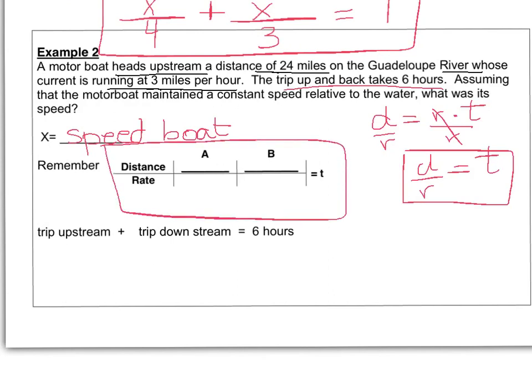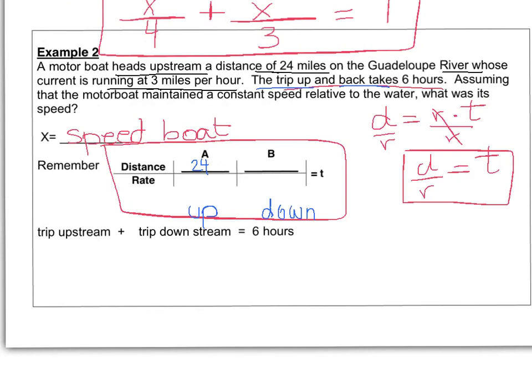Now, the distance: he's going up and then back. So we're going to assume that A is going upstream and B is going to be downstream, because he's going up the river and down the river. So upstream is going to be A, downstream is going to be B. Going up the river, the distance is 24 miles.